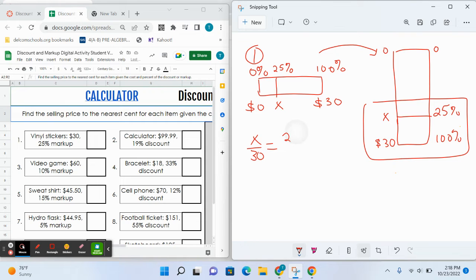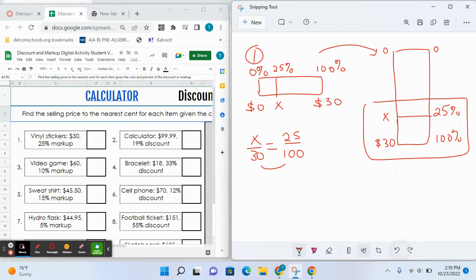We could write that down as a proportion and then solve it. Sometimes you're really lucky and you can find a multiplication trick, like to get from 30 to 100. This one doesn't work quite as nice as some of them.